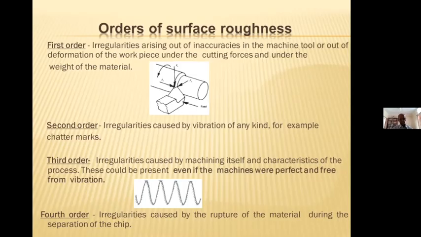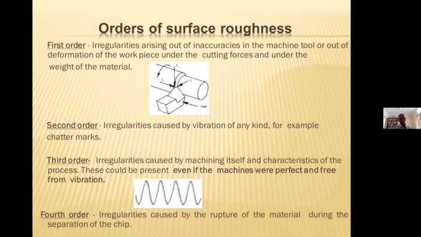And these things together make some irregularities in the cutting process, and hence the surfaces we get will not be smooth. So the irregularity due to the cutting forces and the deformation out of the cutting forces and the weight is known as first order surface roughness.